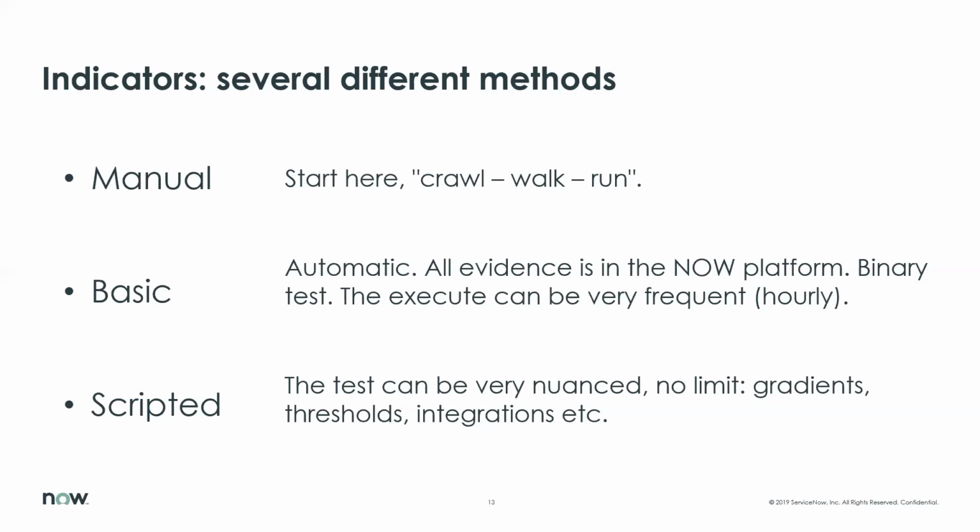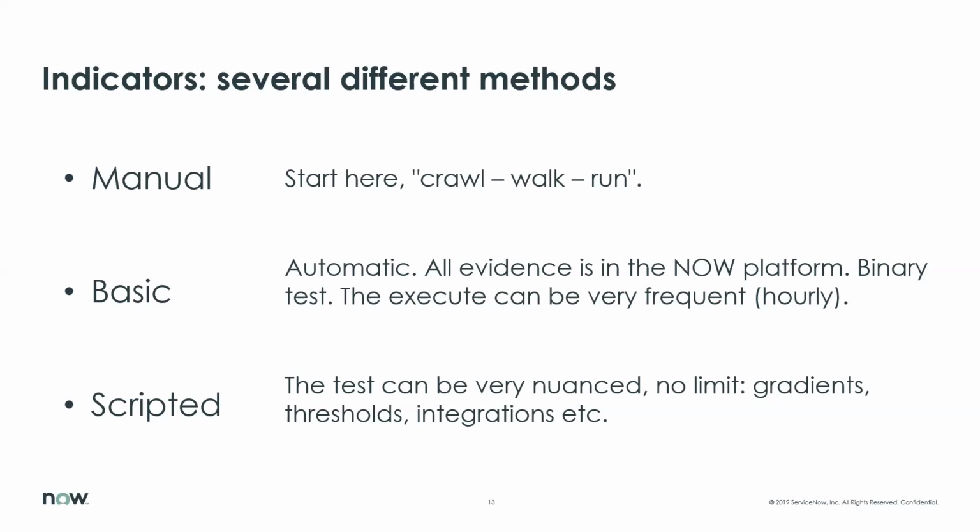Oftentimes this means that we can really easily translate anybody's existing control tests and or their existing QC or QA methodologies that they use prior to an engagement. And we often will start here because this makes it very, very simple. We can easily translate any of those existing methodologies into a task where a human makes a decision. Now, oftentimes that's because we don't have enough data in the platform.